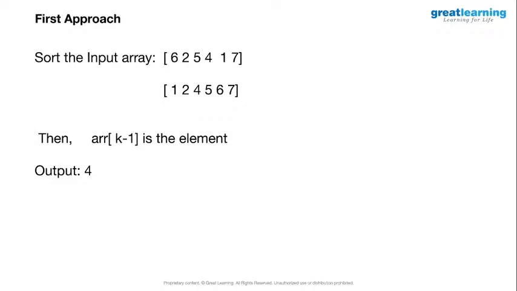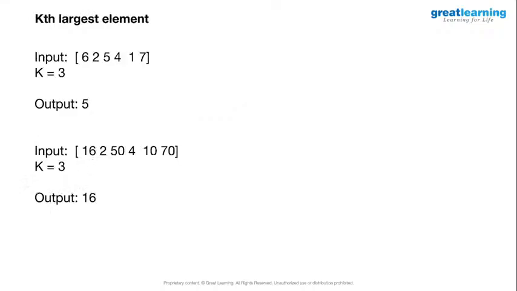It shouldn't be k minus 1, it should be length of the array minus k. There are 6 elements minus k, that is 6 minus 3. It will be what? 3. So the element at index 3 will be our output, right, guys? So now the output isn't 4, it should be 5.